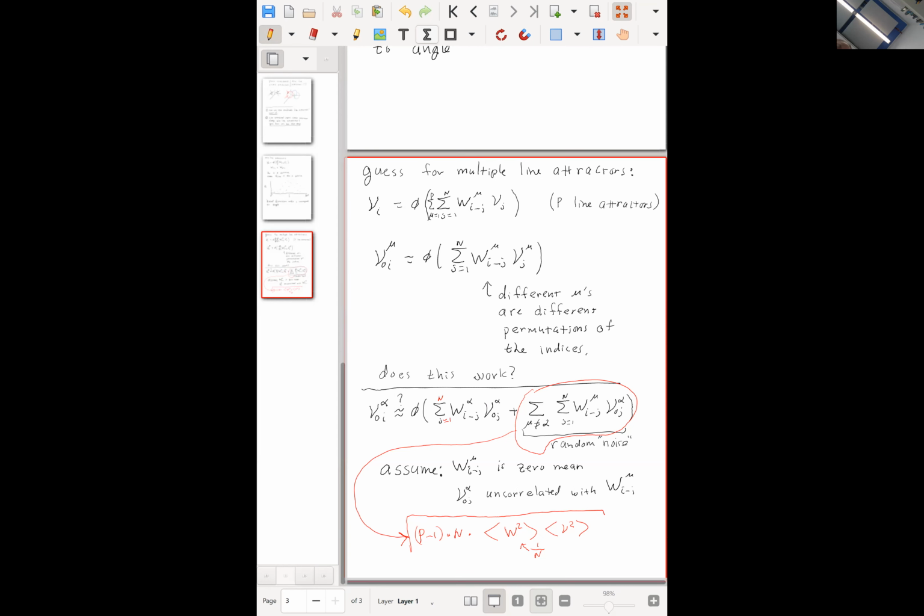So this quantity scales as the square root of P minus 1 over n. In the large n limit, if we don't try to embed too many memories, this is small. We use this usual method for embedding memories. The weights are small, order 1 over n, and that's needed so this term doesn't blow up.